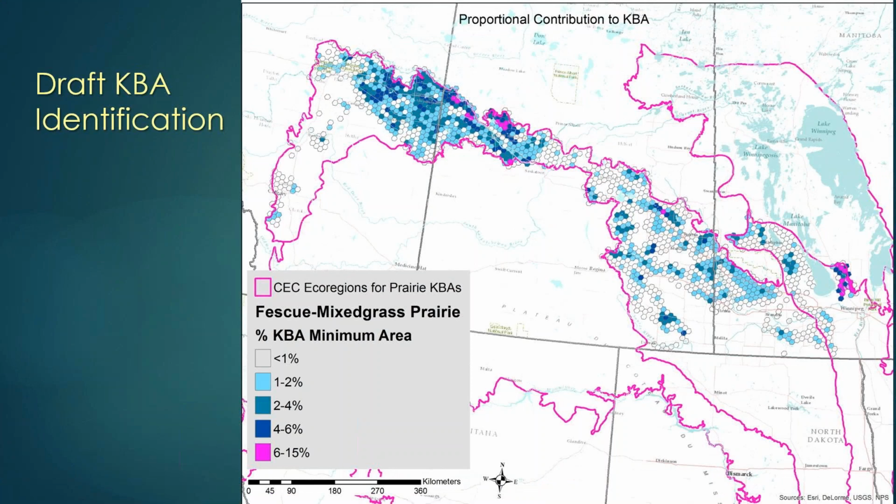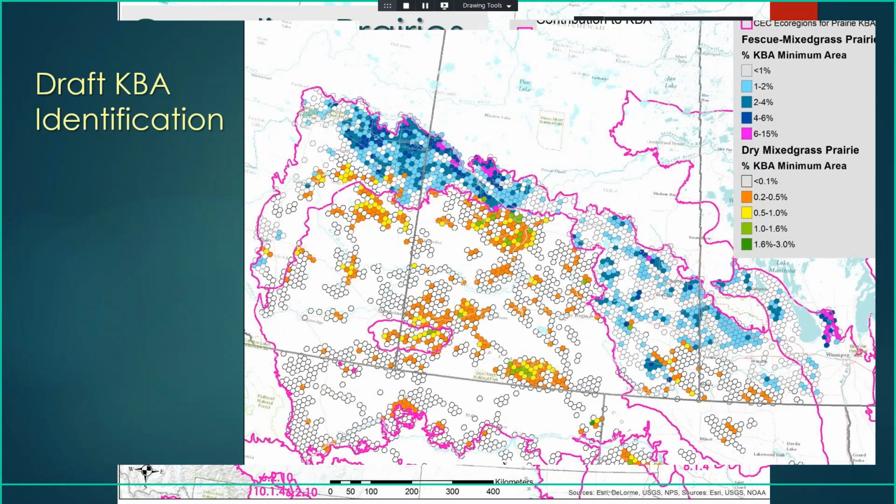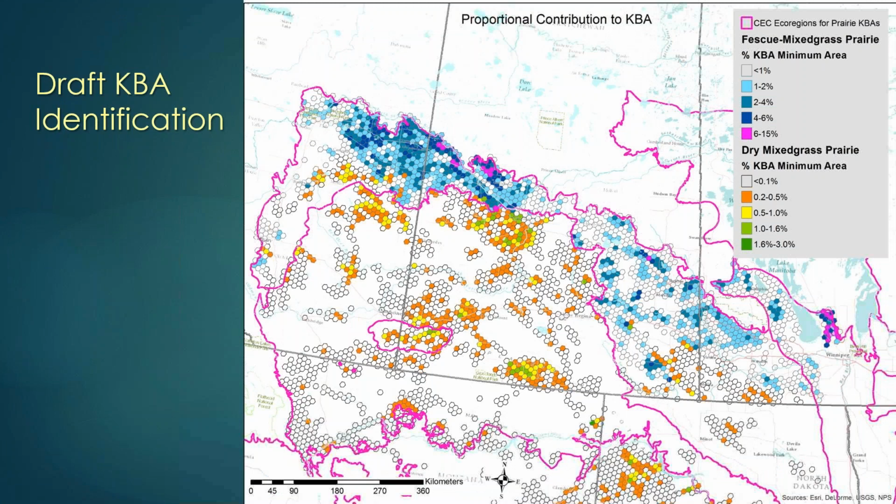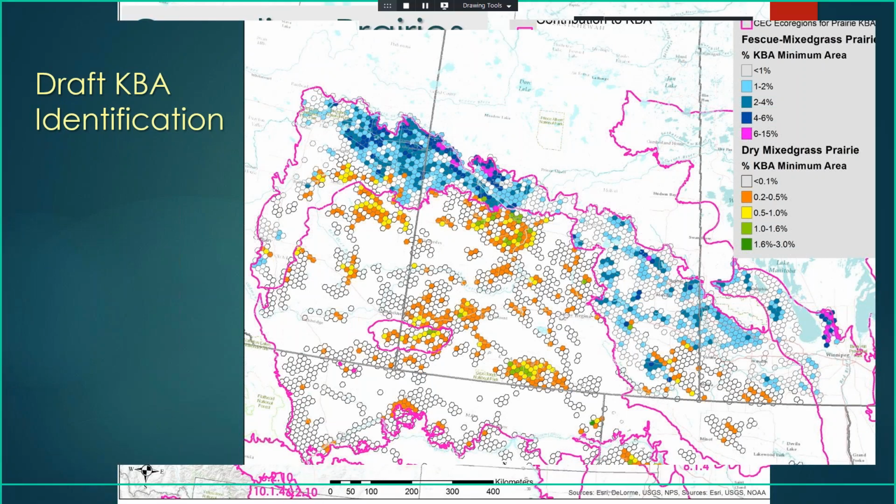Now, we don't want to just look at them individually in isolation. There are going to be types that occur right adjacent to each other, as was alluded to earlier. You might have this juxtaposition of tall grass and mixed grass and fescue mixed grass all in the local neighborhood, so to speak. And so we want to bring multiples together to help us see where we might have some opportunity to cross those areal thresholds for one or multiple types.